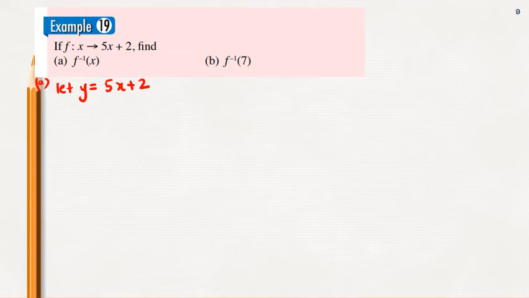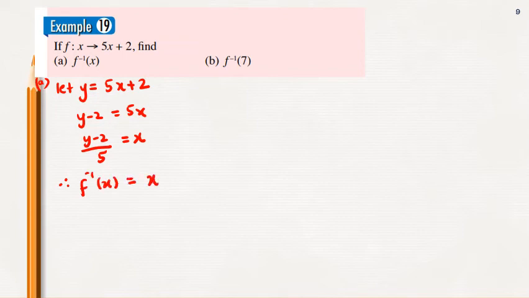Okay, so rearrange dahulu. Y minus 2 is 5x. Y minus 2 divided by 5 is equal to x. Thus, f inverse x is equal to x minus 2 over 5.